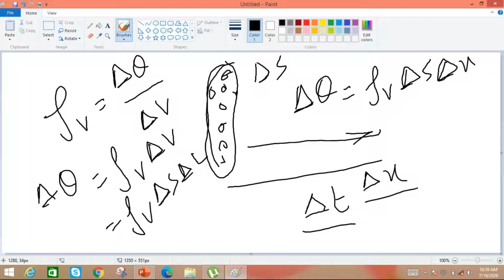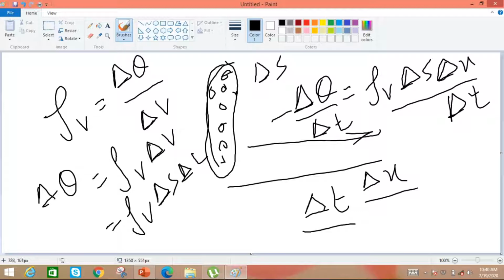Now when these charges move, they constitute a current, and the rate of movement of charges actually constitutes a current. So del q by del t will be equal to rho v del s del x by del t.